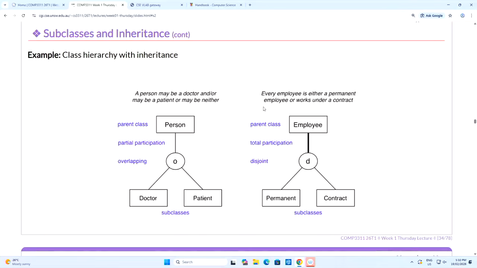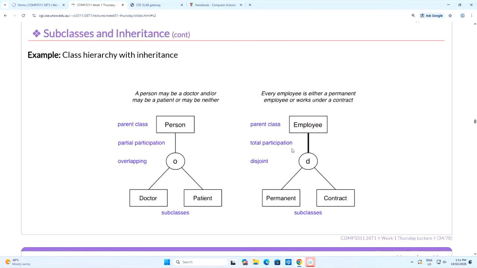And sometimes in a company, maybe you want to be more strict. You want to enforce that all of the employees in our company are either full-time or part-time. So you make a distinction over there, and in that case, you can enforce it as a total participation.